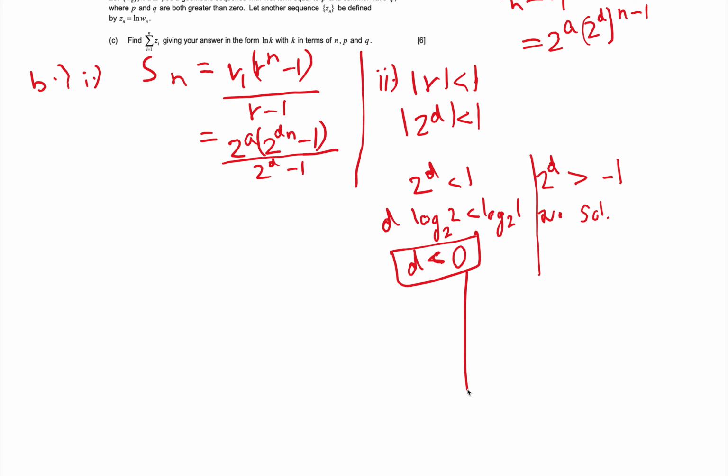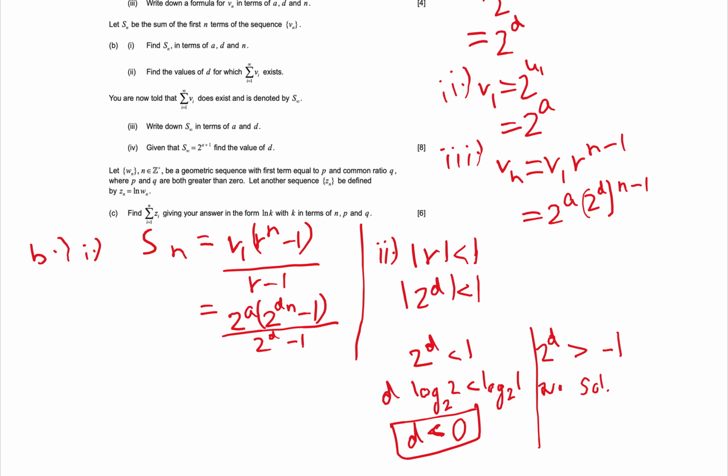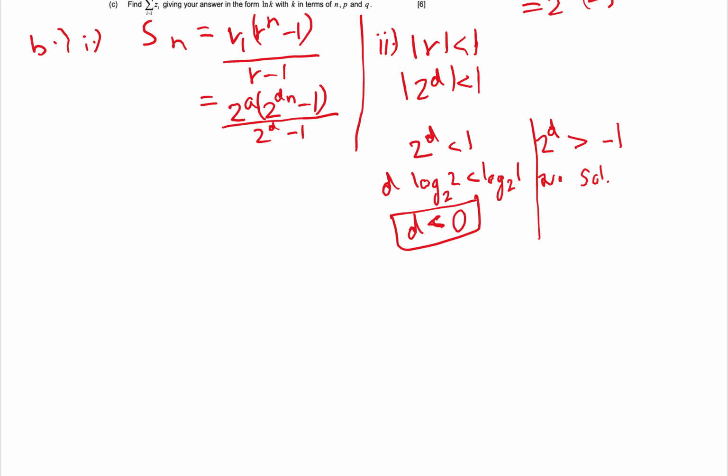Now the third part says you are now told that the infinite sum does exist and is denoted by s subscript infinity. We need to write down the infinite sum in terms of a and d.